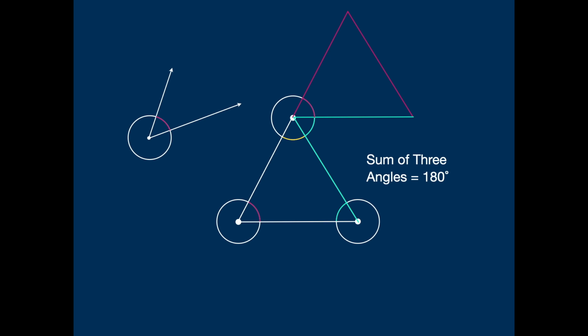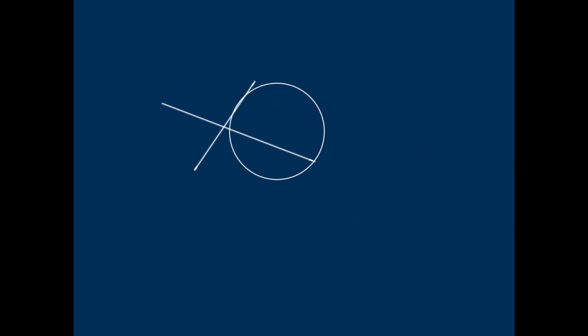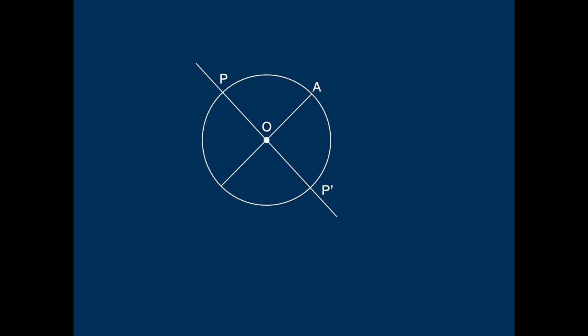So how do we have triangles on a sphere? Well, we'll take the same thing. Now we are working on a sphere. Since we're working on a sphere, we have a center of the sphere over here, which is O. You could see this as if you're looking at the sphere from the top. So this is the diameter of the sphere, and this is something which is called a great circle.